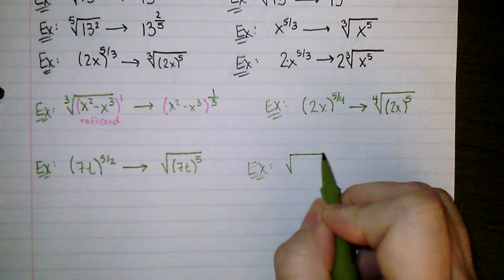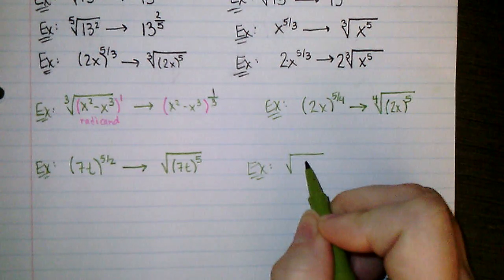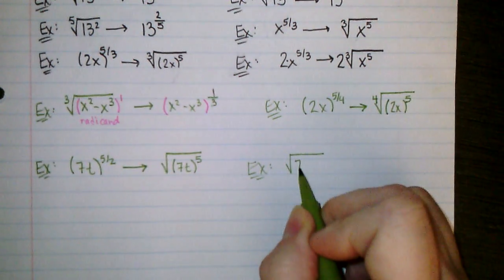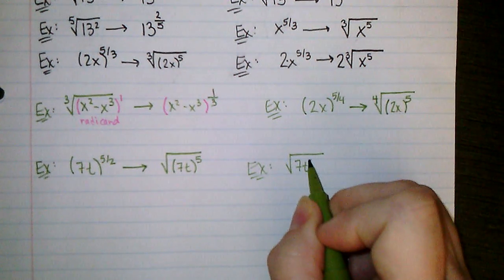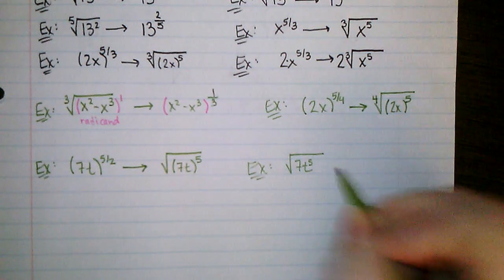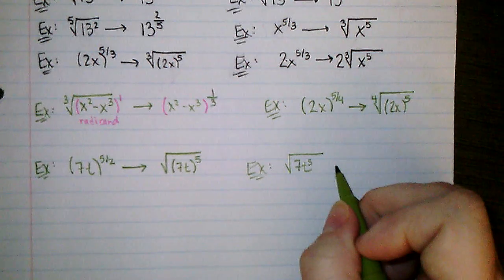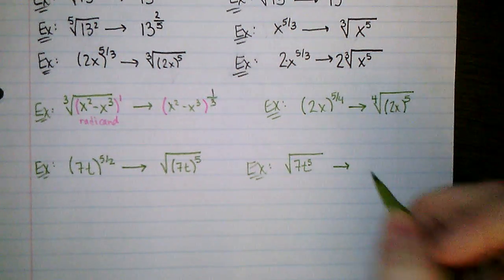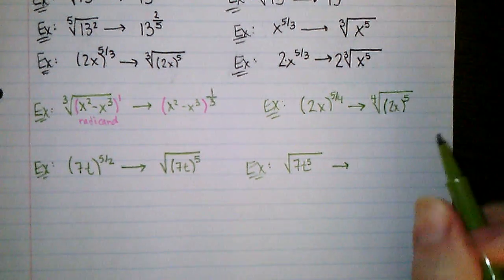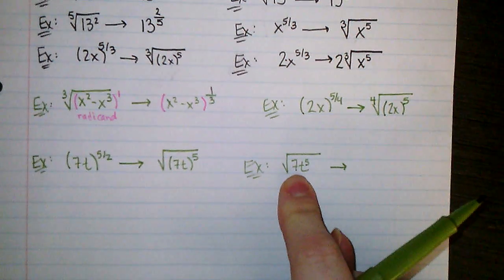Let's try in reverse. How about 7t to the 5th inside that radicand? Okay, in this problem, remember the radicand becomes the base.